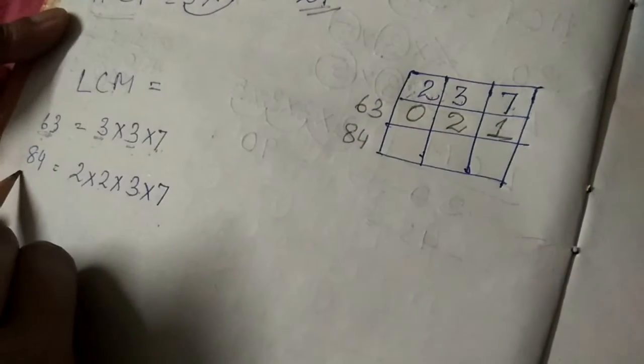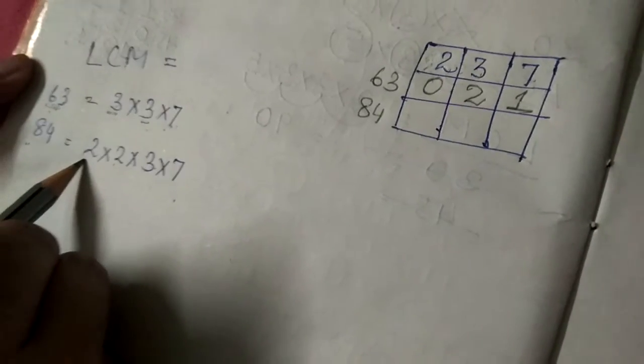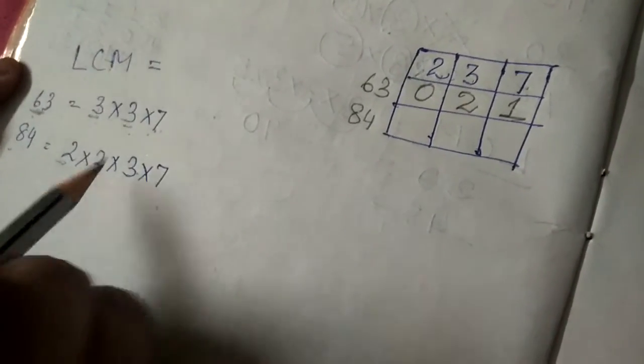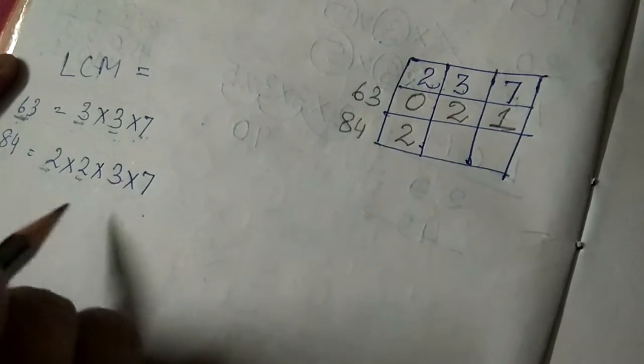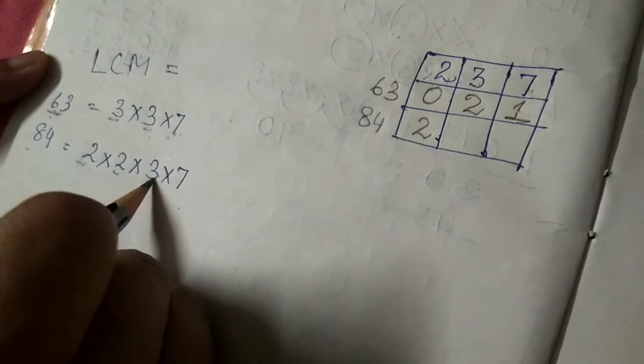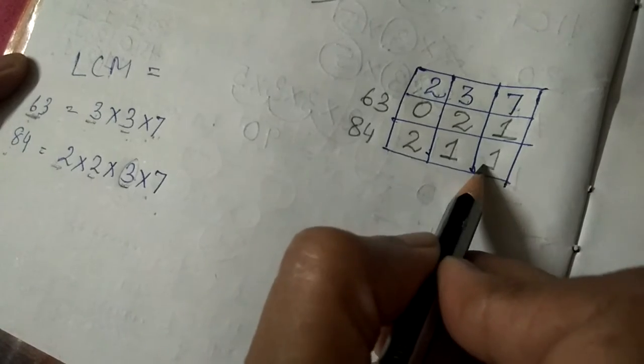Okay, now we are coming to 84. In 84 you see how many times 2 is coming? 1, 2, 2 times. So we will write 2 here. Now 3, how many times is it coming? Only 1 time. So we will write 1 here. Again 7 is coming only 1 time. So we will write 1 here.